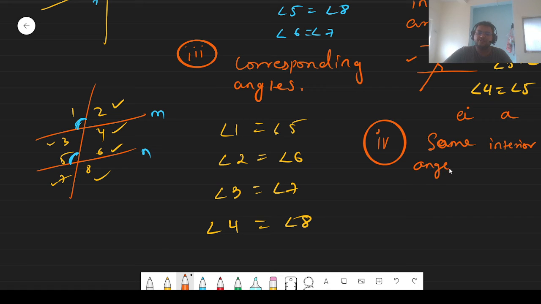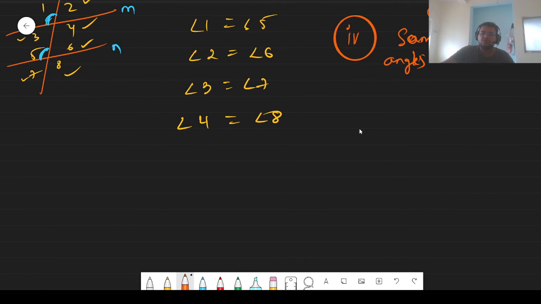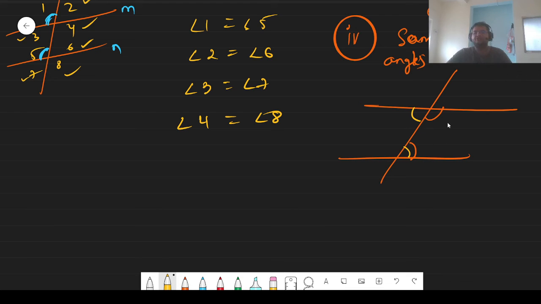And what are the same side interior angles? Let's draw a figure like this. See, if I draw in yellow, this and this are alternate interior angles, and the orange ones represent same side interior angles. See, this one and this one, these are same side interior angles.